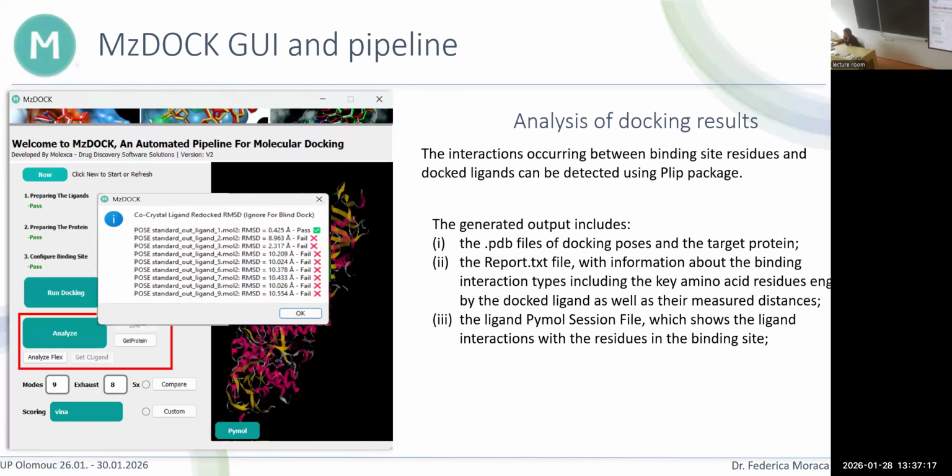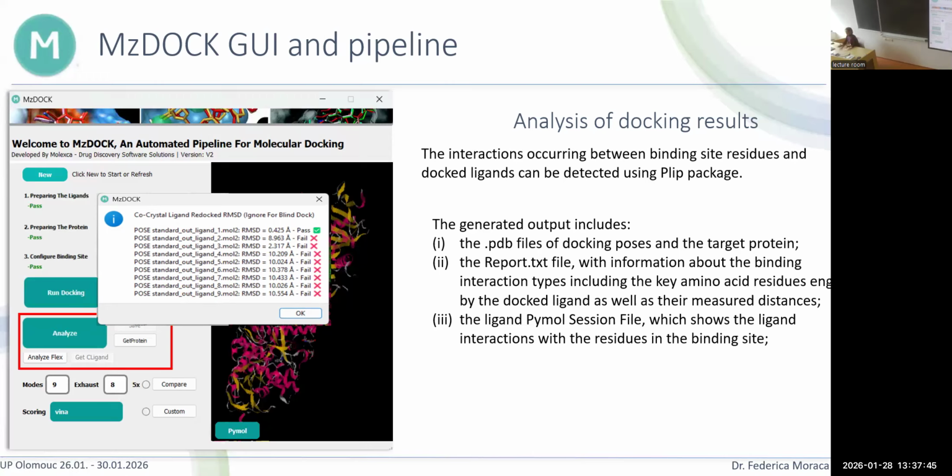One good thing of NZDoc is that if you have the co-crystallized ligand in your target, NZDoc automatically performs the docking of the co-crystallized ligand and of your input ligand.